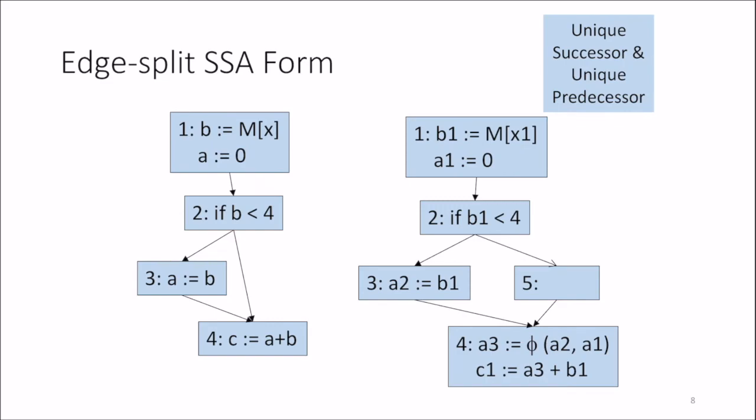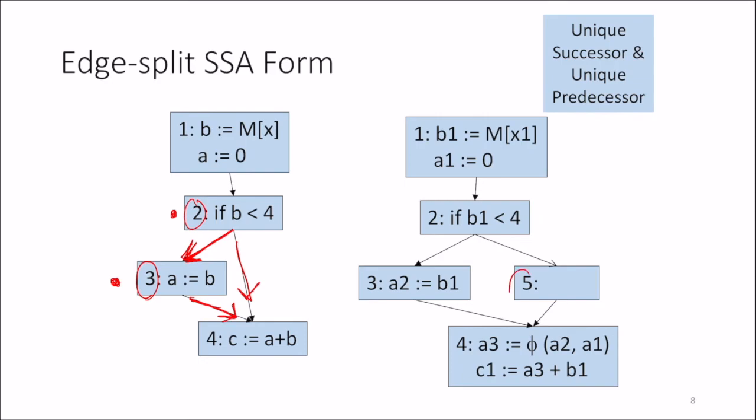There's a variant of SSA form called edge split SSA form, and the idea here is 3 has a predecessor of 2, 4 has a predecessor of 2 as well. The predecessor of 4 is 3, and at the same time the predecessor of 4 is 2. So if you look at 4, it has one parent, and its parent 2 is also a parent for 4. So we don't want to share this parent relationship between 2, 3, and 4.